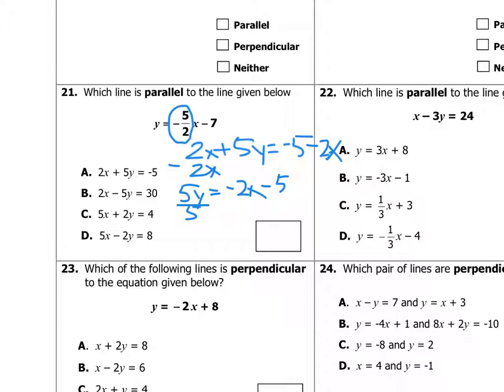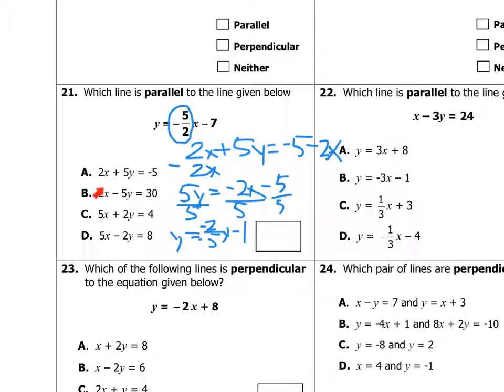Then divide by 5. And so y is going to be negative 2/5 x minus 1. So if you look, this slope is negative 2 over 5. This is negative 5 over 2. So it's not letter A.